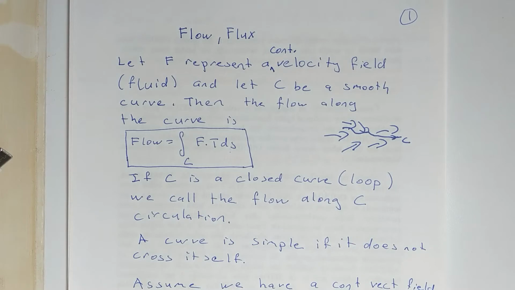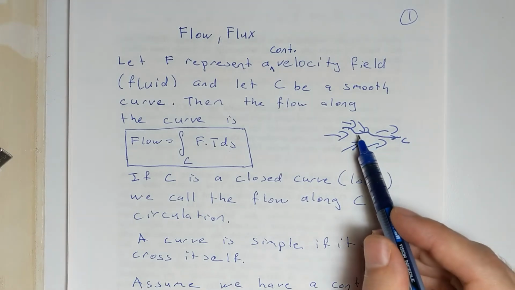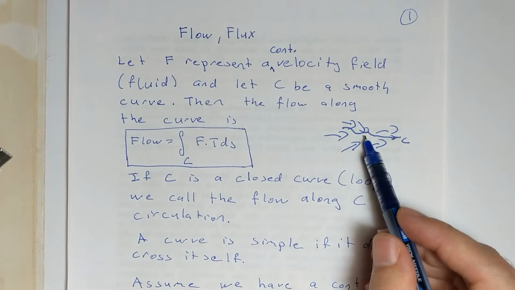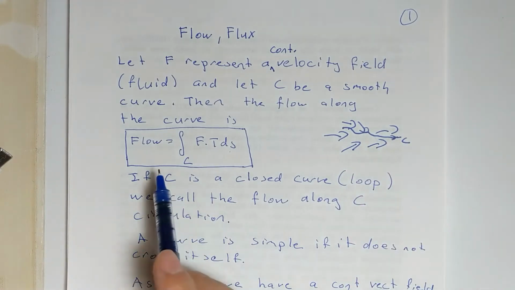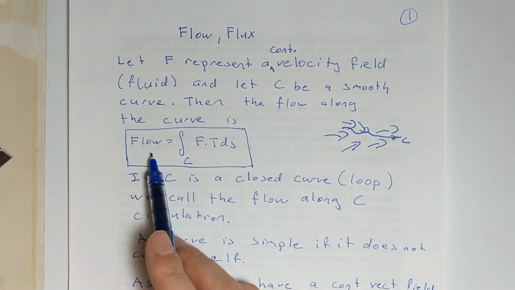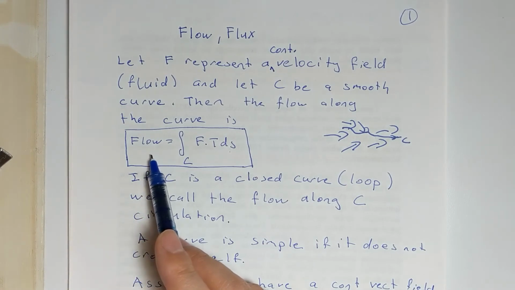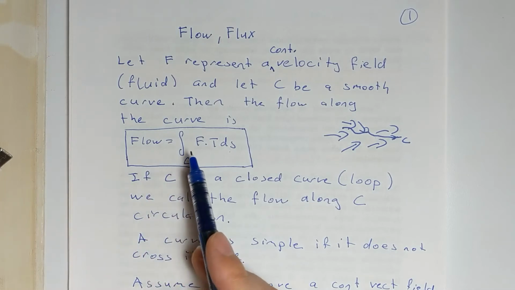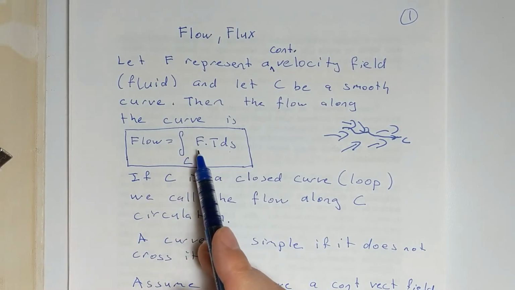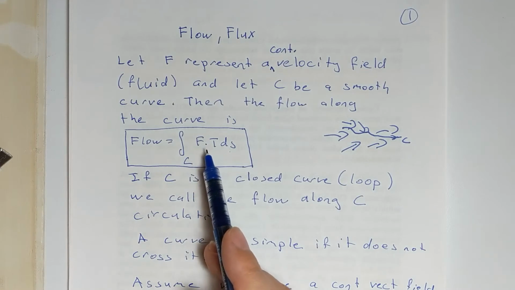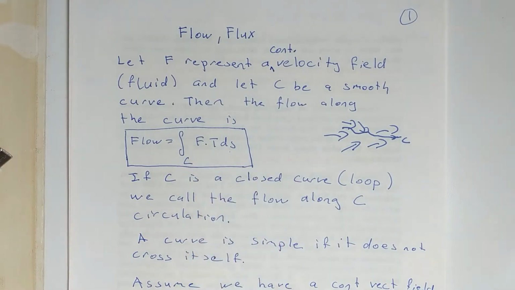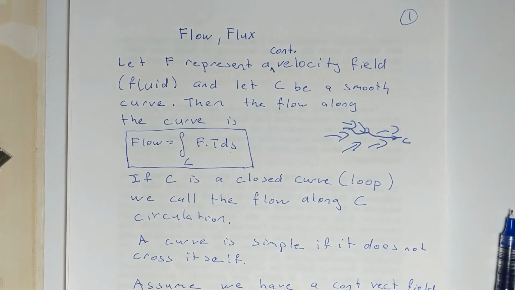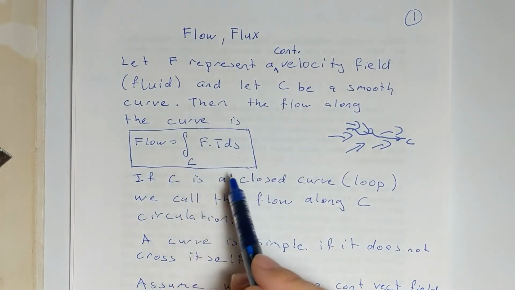So that's basically the same problem as the work problem. We are only going to care about the tangential component of the velocity field along the curve. It's just like the work integral, but when you have a velocity field, it's called the flow. Flow along the curve C is the integral of F dot T ds, in other words, the tangential component of F along T. Formula-wise, it's exactly the same as the work integral.